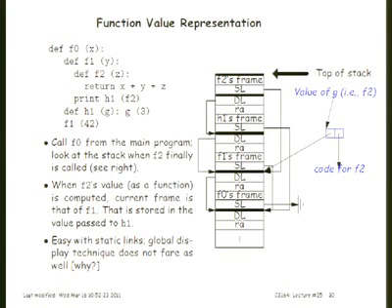That way, when you actually call it, you will know to give F2 access to X and Y, which are defined outside it. So this is exactly what you've already seen in 61A.